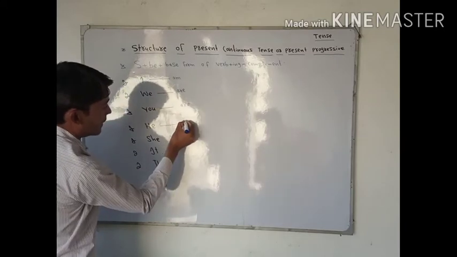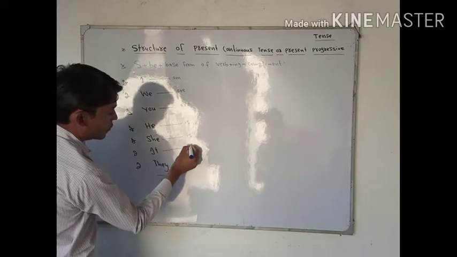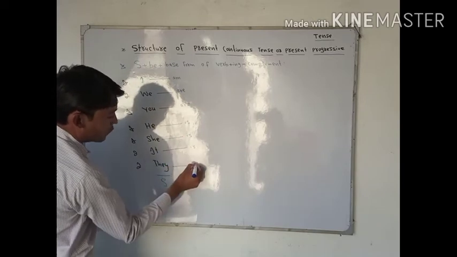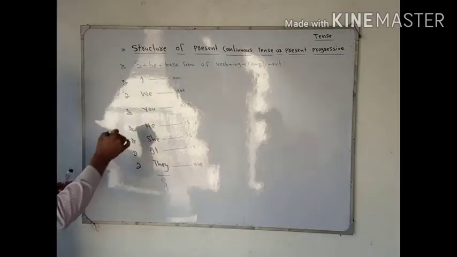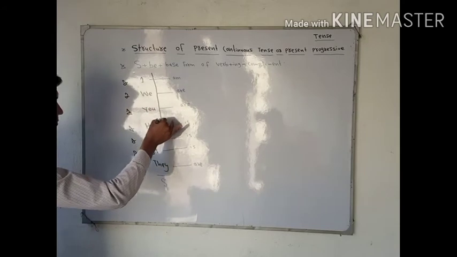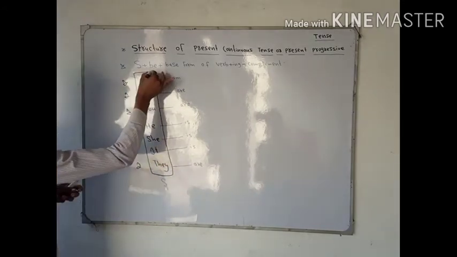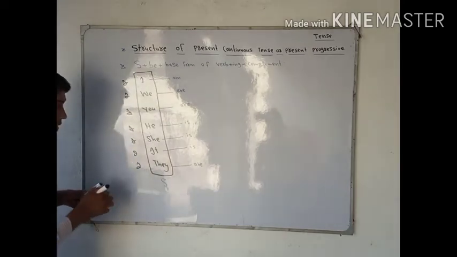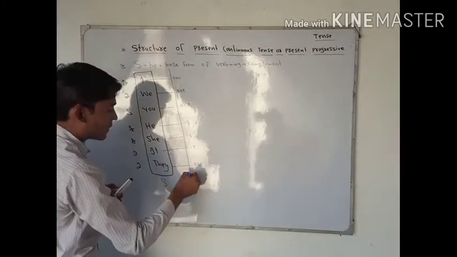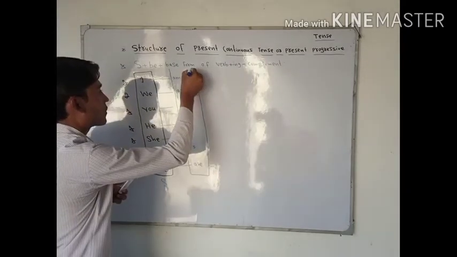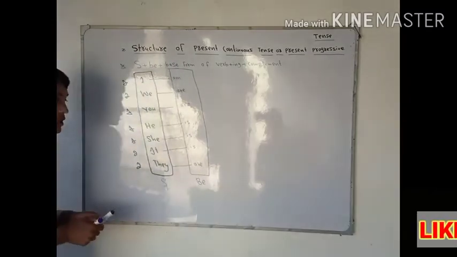He is followed by is, she is also followed by is, it is also followed by is, and they is followed by are. These are called subject pronouns, and we can simply call them S, while these are called B. B is also called helping verb.